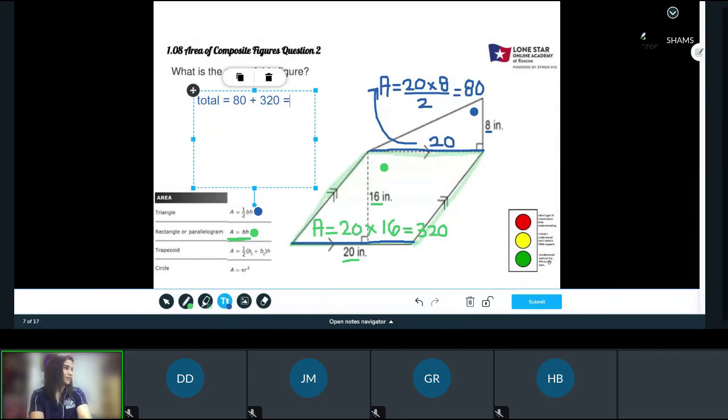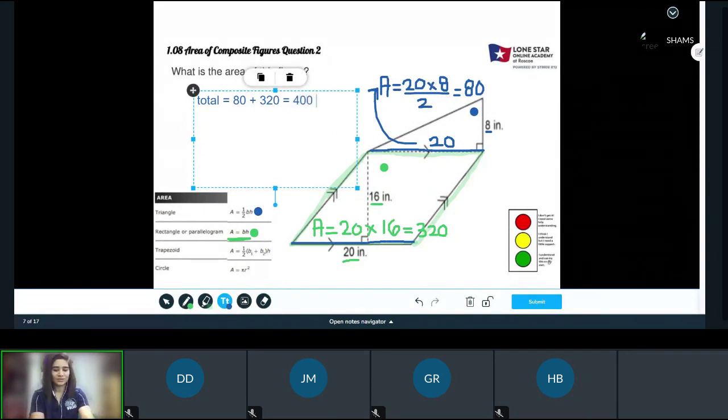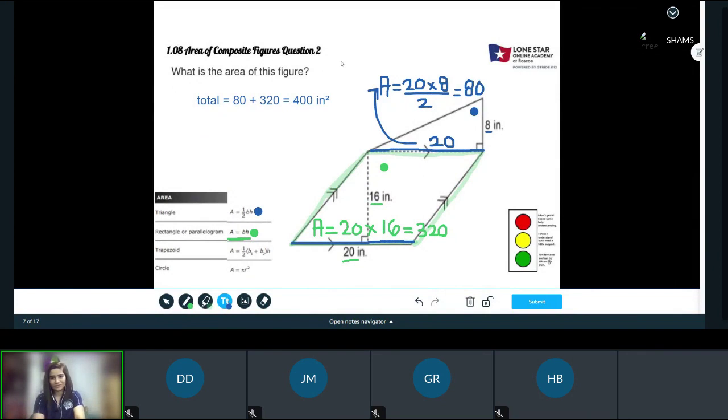Very good. And that gives me a total of, I have to make the box bigger. That gives me a total of 400 square inches as the total area of the composite figure, 400 square inches.